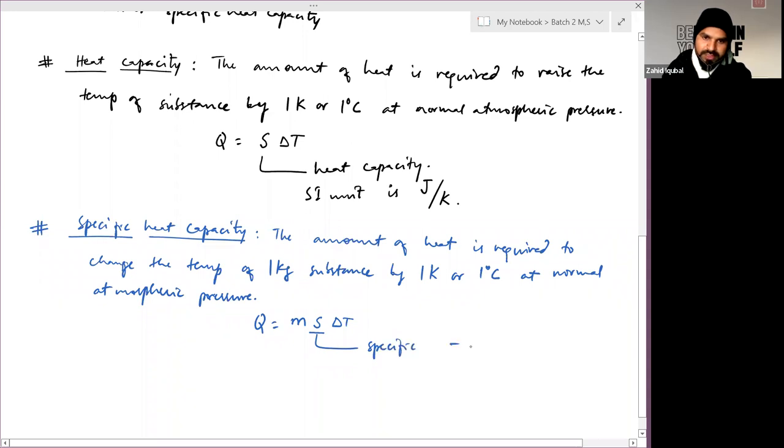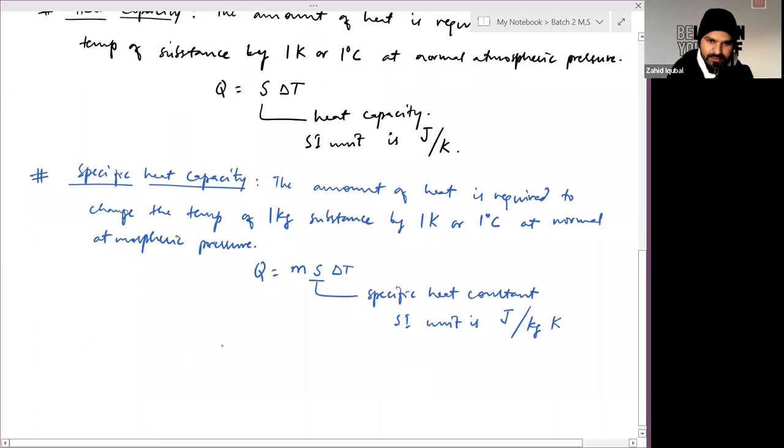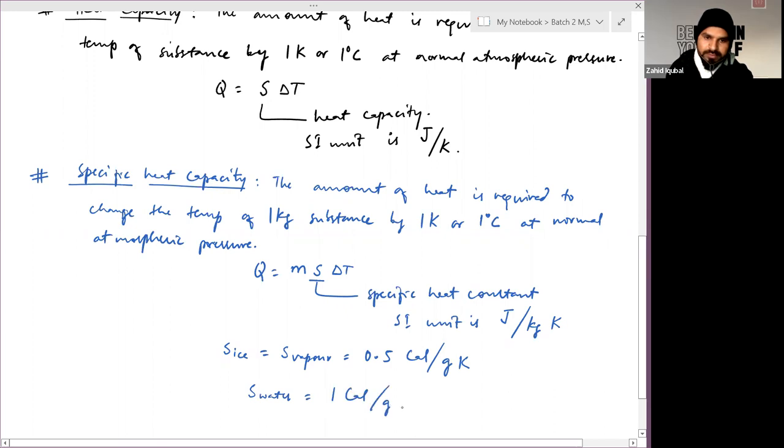Specific heat constant or capacity. Its SI unit will be Joule per kg per Kelvin. You have to memorize some of the values related to some terms. First, the specific heat capacity for ice and for vapor will be 0.5 calorie per gram per Kelvin, and the specific heat capacity of water, which is maximum, is 1 calorie per gram per Kelvin.